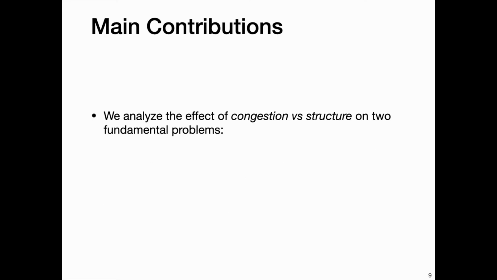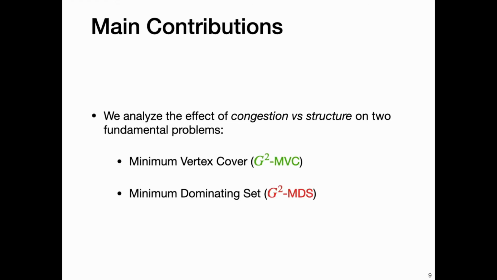In this paper, we analyze the effect of congestion versus structure on two problems. Minimum vertex cover, which I call G squared MVC, and minimum dominating set, which I call G squared MDS.